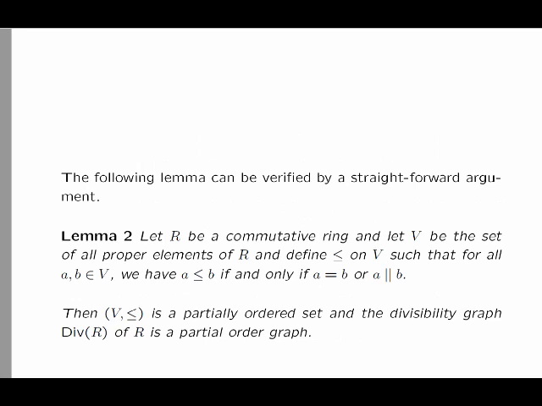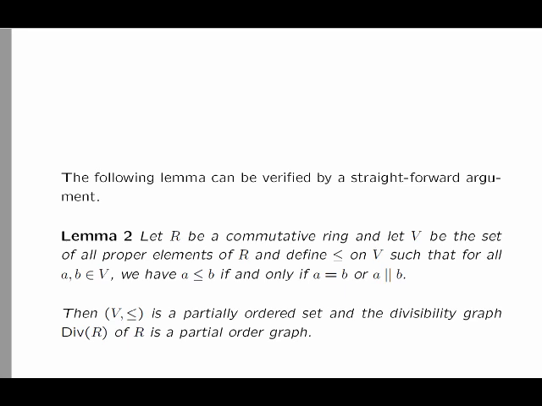Okay, here is the first one. If I take a commutative ring R and I take V to be the set of all proper elements of R. Proper here meaning non-zero and non-unit, they are not invertible, because we know if we have two invertible elements, then they always divide each other.